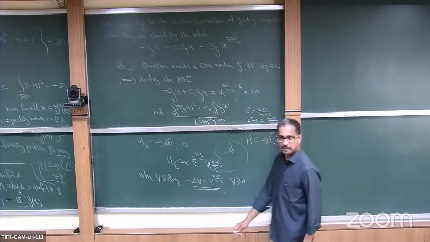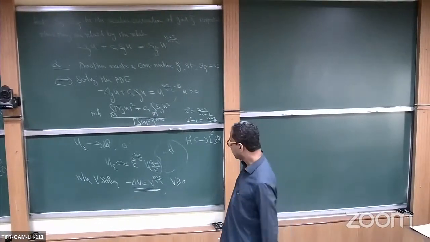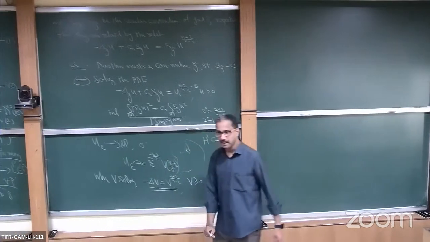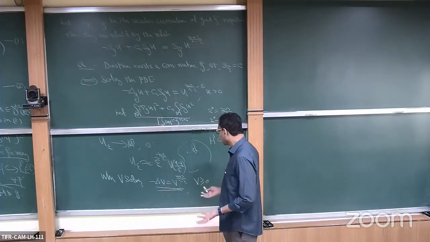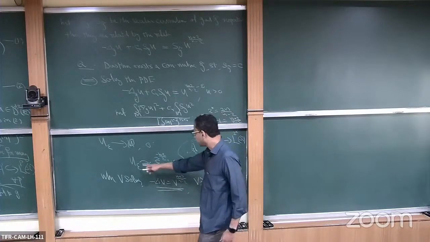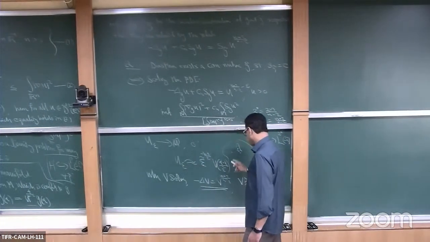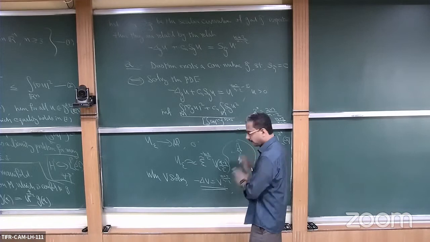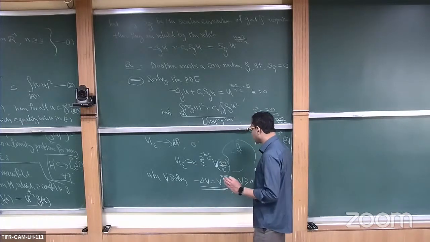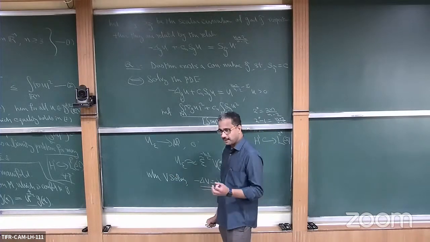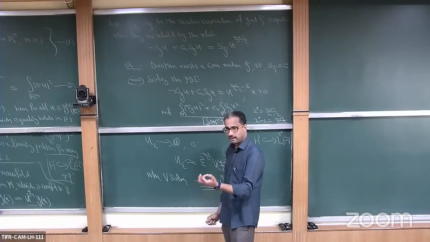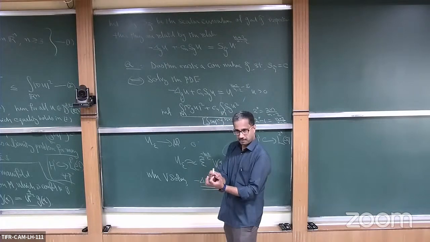Yeah. So how do you identify the bubble from here? Which one? How do you identify the bubble from here? You can show that there is something called this U epsilon circle. Then you have to look at the mass. You can identify that in the limit there will be some mass.